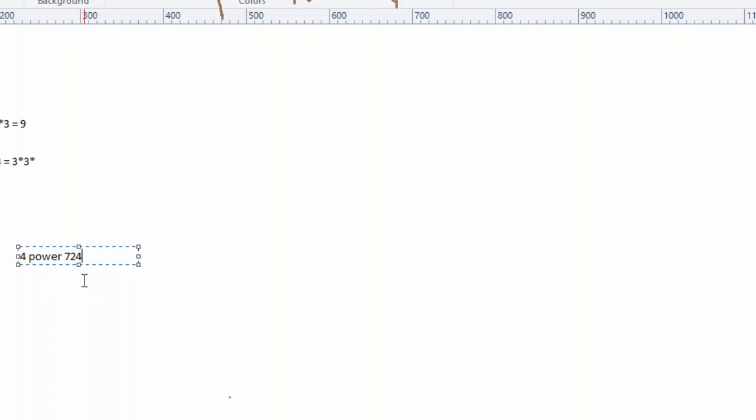So instead of finding 724 whole power 724, you just have to find 4 power 724.